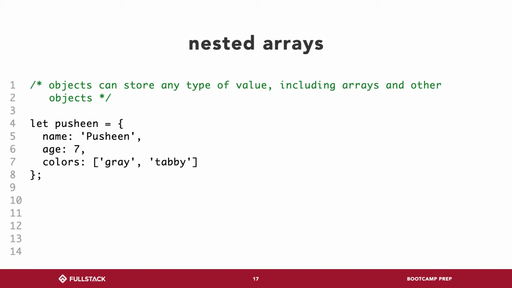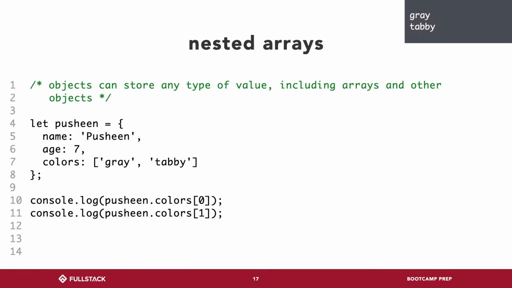Nested arrays. Should be nested objects, right? Objects can store any type of value, including arrays and other objects. And this is how you can access the actual values inside of the array that is in colors. Pusheen.colors bracket 0, Pusheen.colors bracket 1. Because what is Pusheen.colors equal to?